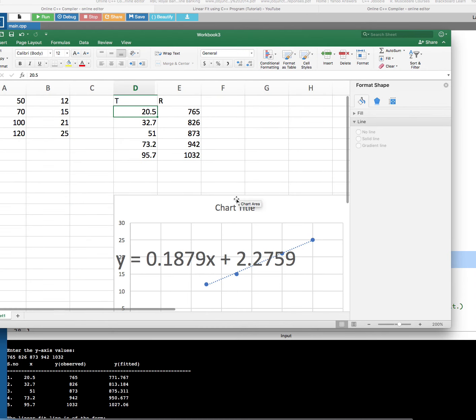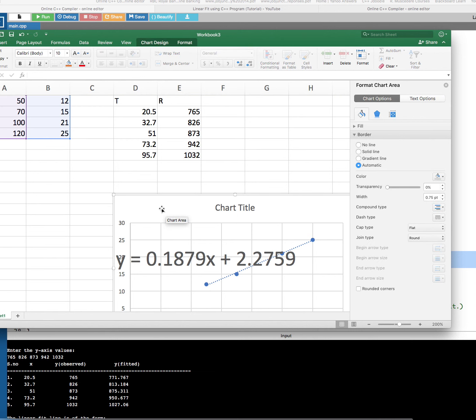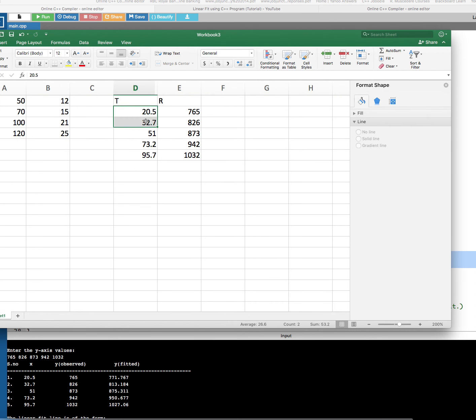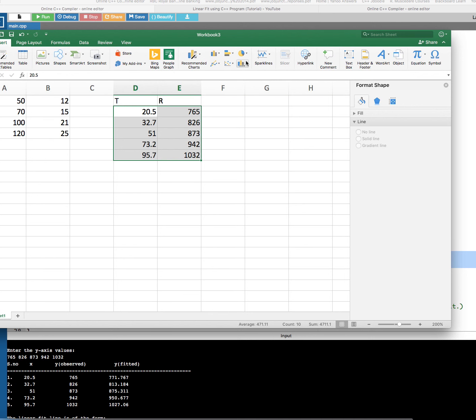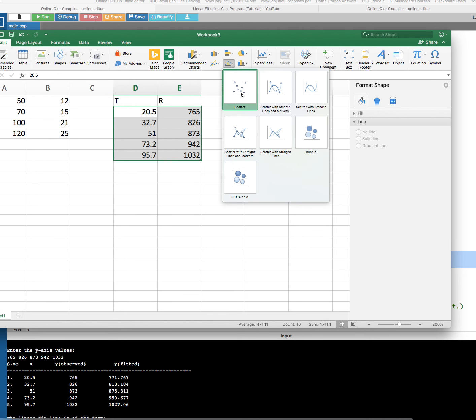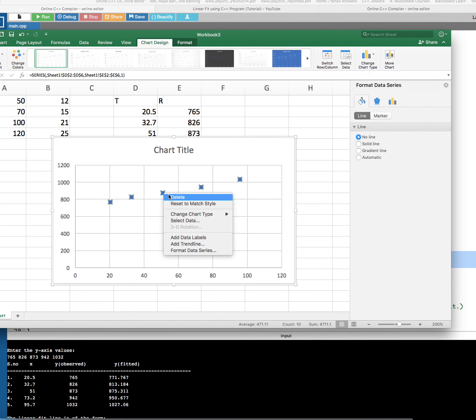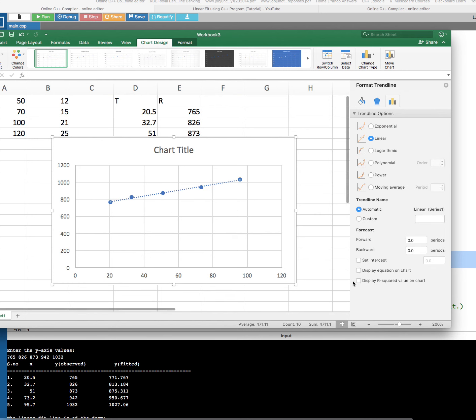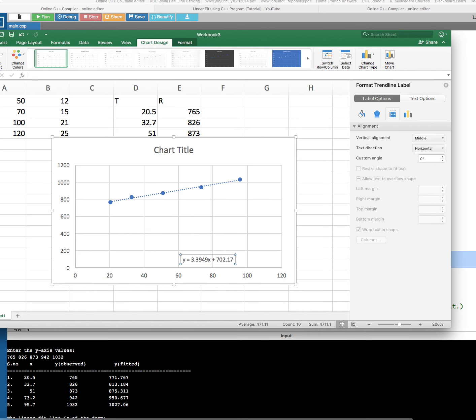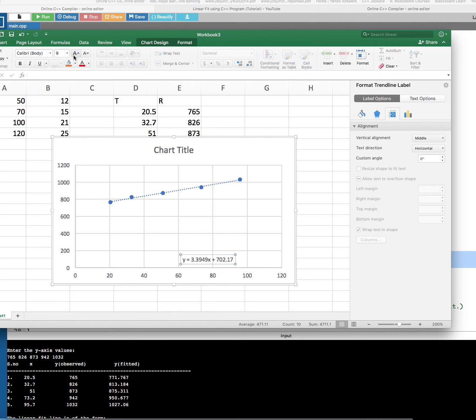Now let's also make sure from our Excel thing. Okay, let's go to insert and then go to this graph, click this one, click the points, right click, and then add trend line, display the equation, and you see, okay.